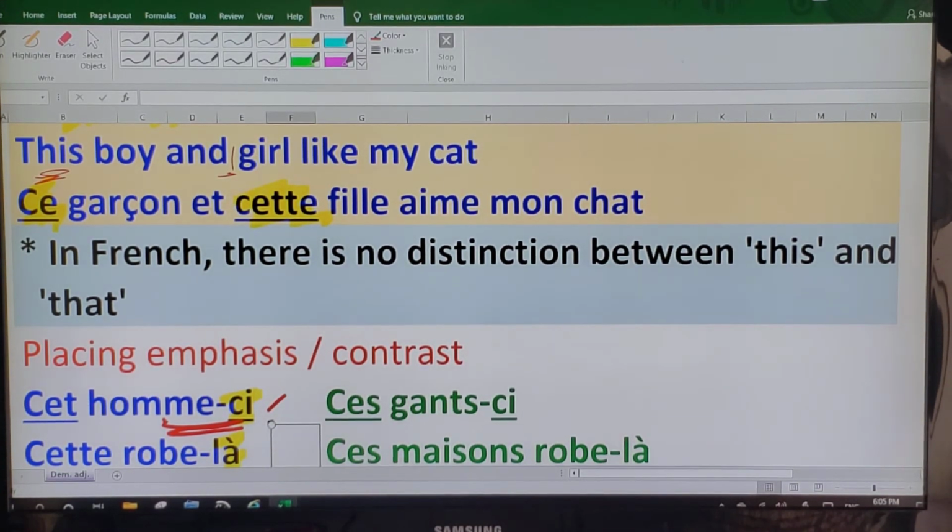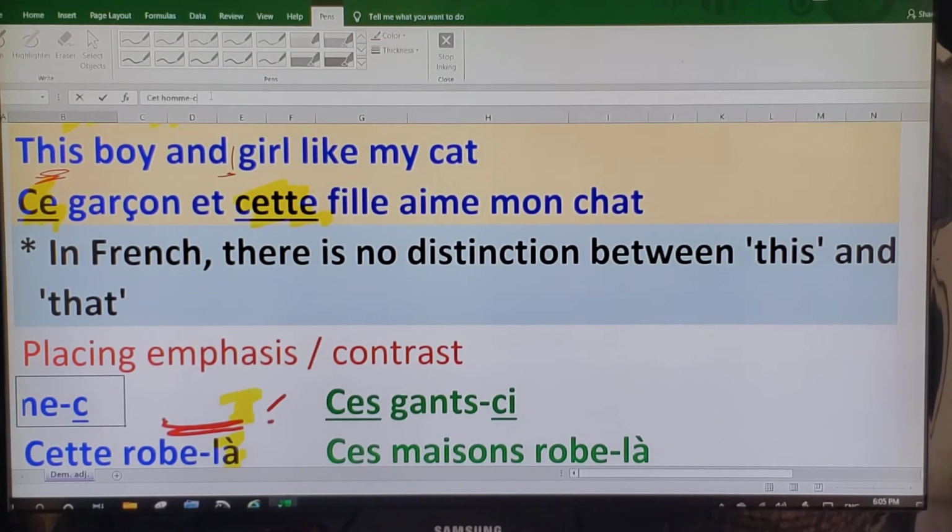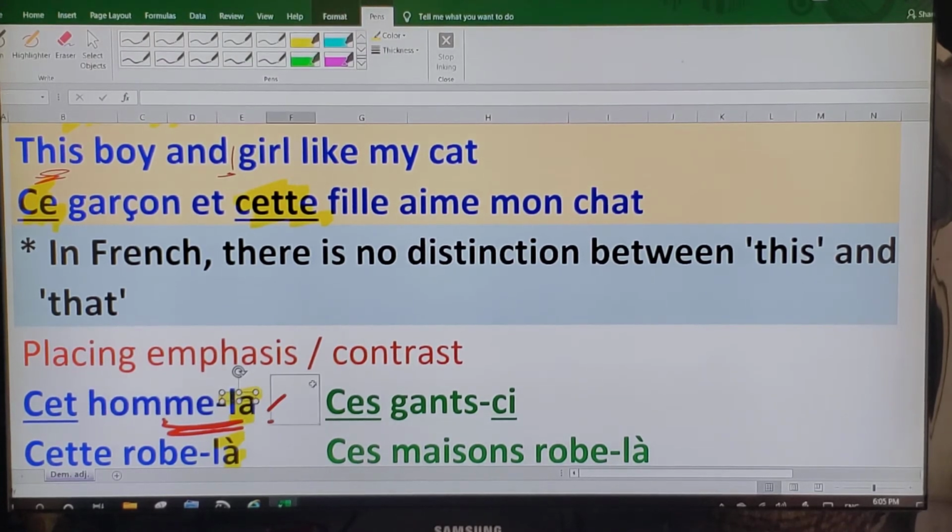If I change it to, let's say, -là, of course I would need to add that accent grave. If I say "cet homme-là", it means that man.